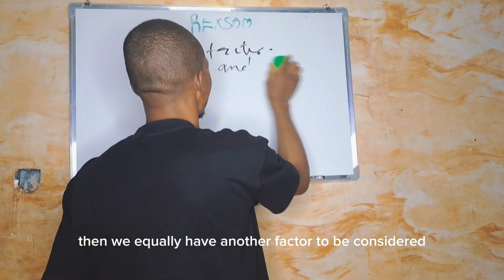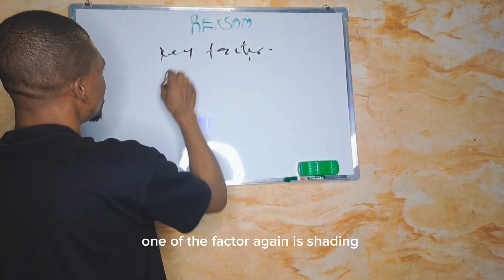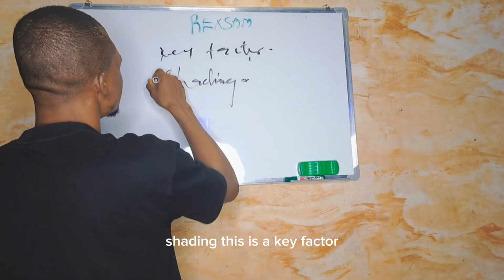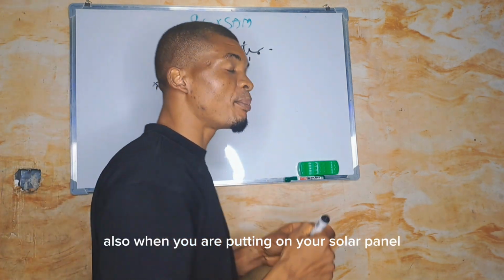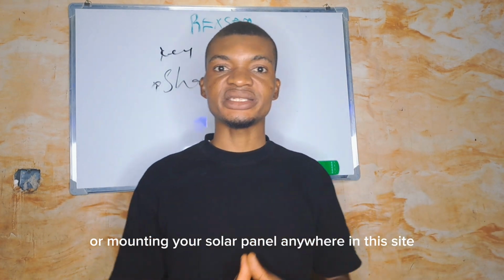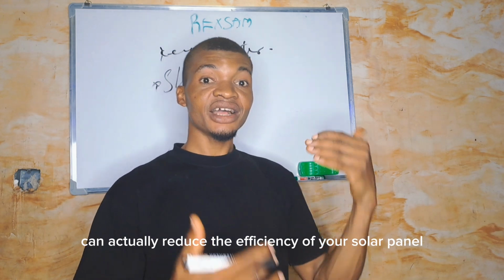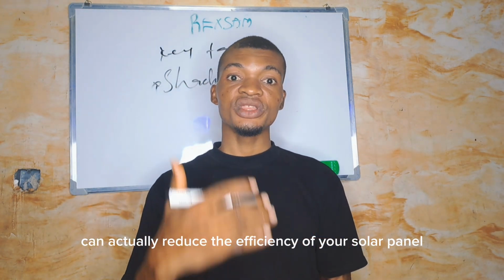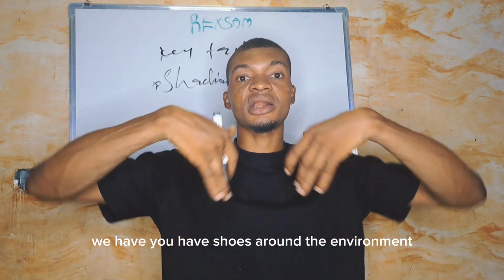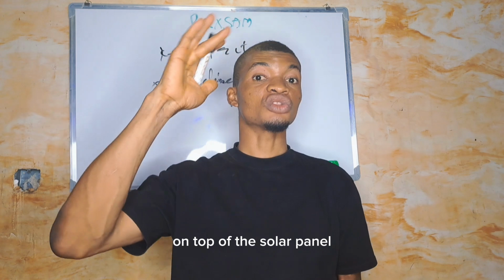Then we equally have another factor to be considered, and that is shading. Shading is a key factor when you are mounting your solar panel anywhere on the site. It is important to know that a shade can actually reduce the efficiency of your solar panel. Perhaps you have trees around the environment, or things that can cast a shadow on top of the solar panel.